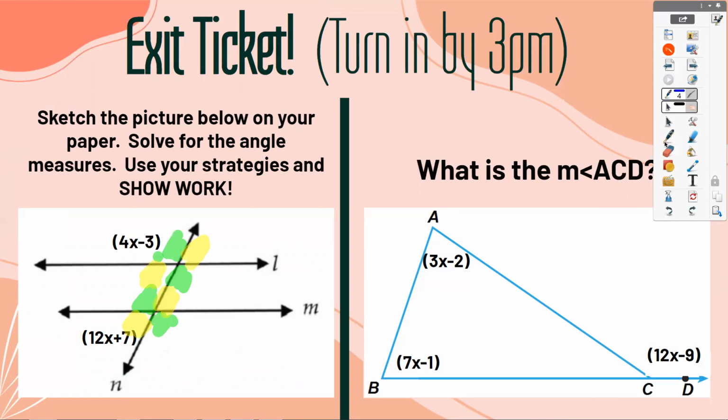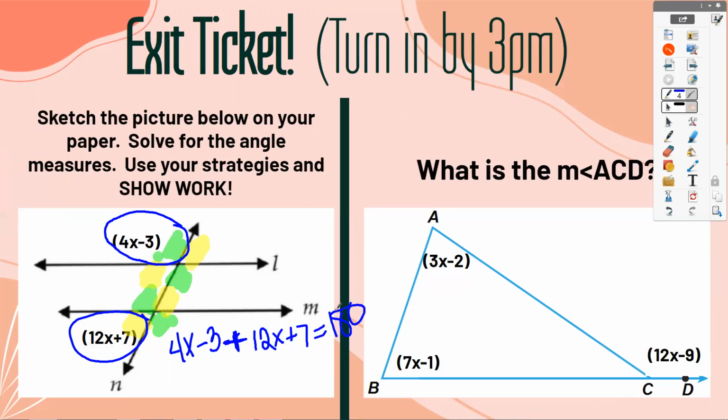And when I look at this, this one is in green, this one is in yellow. Remember, if they were both green or both yellow, they would just be equal to each other. But since they're opposite colors, I'm gonna take this green and this yellow, and together they equal 180. So this equation here is the one that I would need to solve.